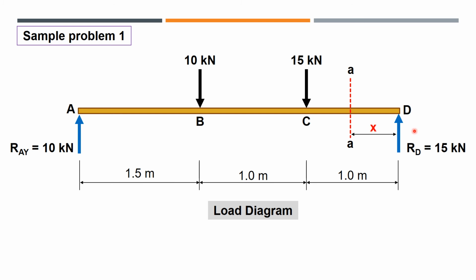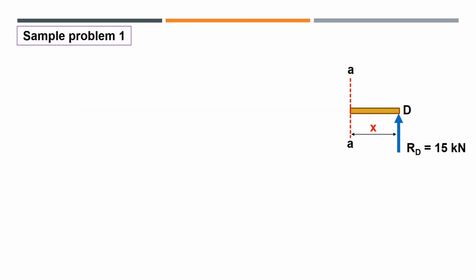There, so distance is x. So, ganun din gagawin. If you consider the right side, you measure the distance x doon sa extreme point. In this case, this is D. So, this is now the free body diagram. Hindi ko na lang sinama dito yung kabuuan ng CD.